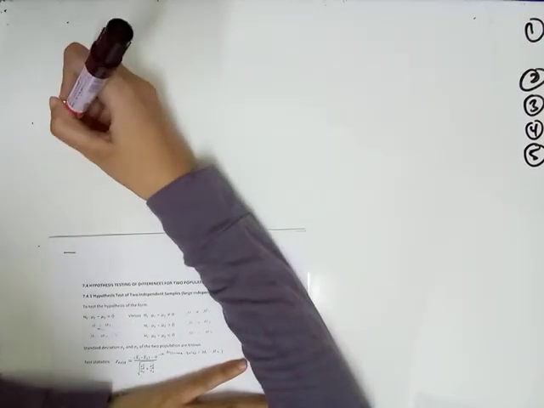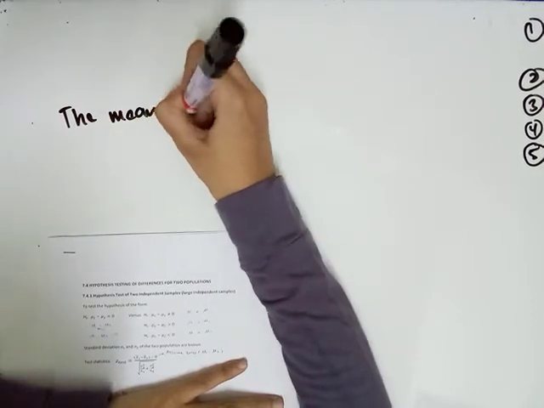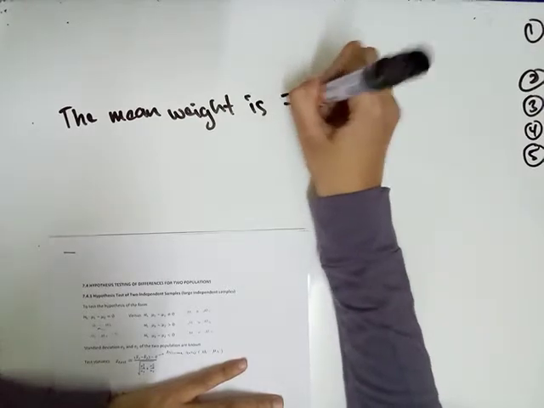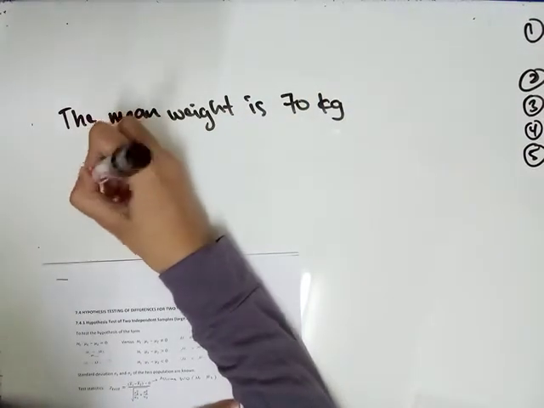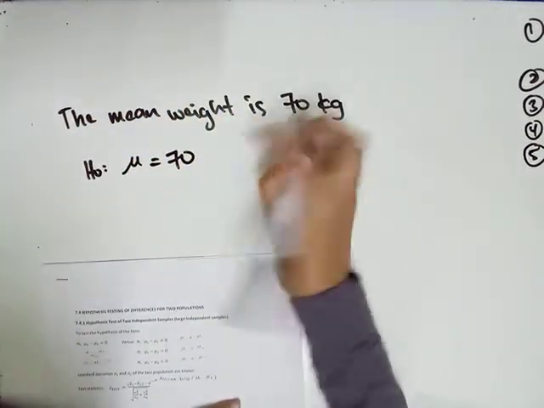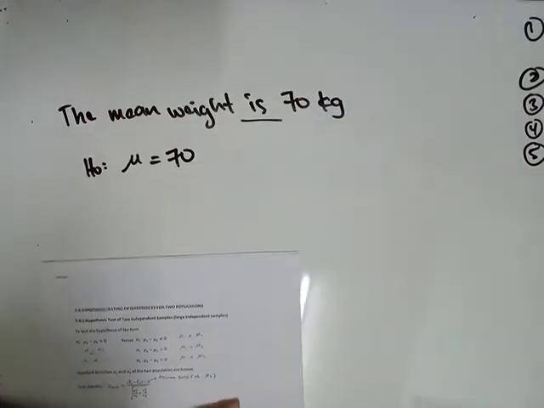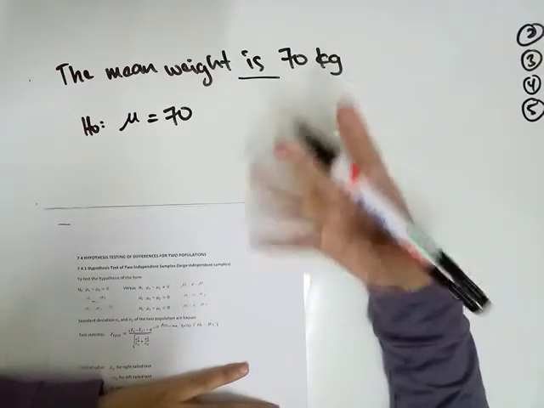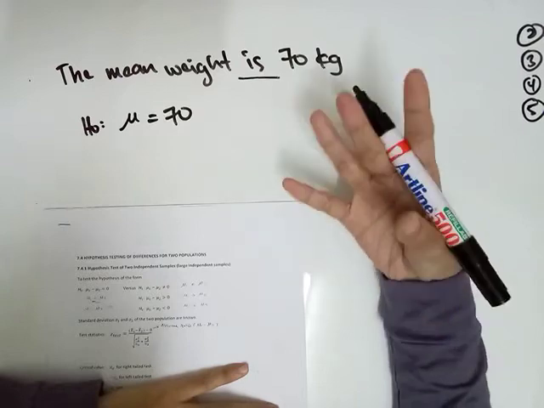Let's say it gives us the statement the mean weight is 70 kg, and then we denote H0: mean equal 70, because of the hint "is". So for two populations, the population mean values are not given. They do not give the value for the population means.